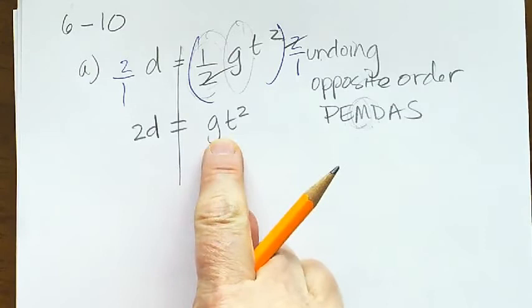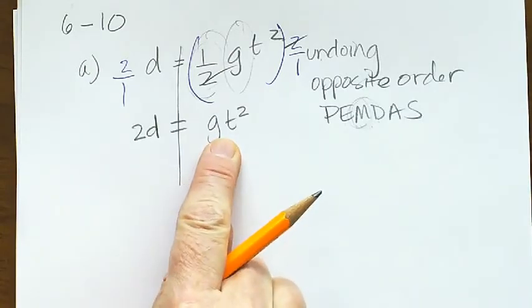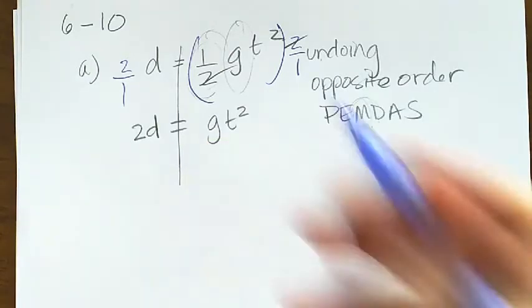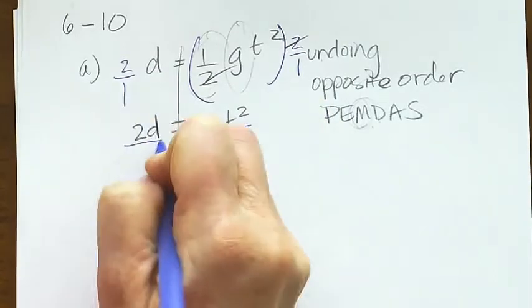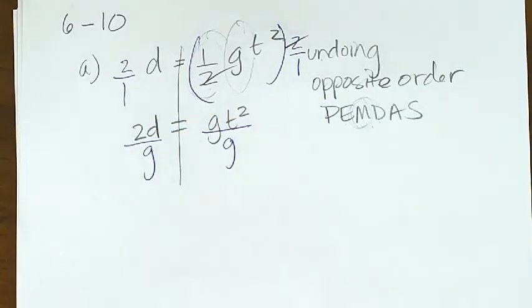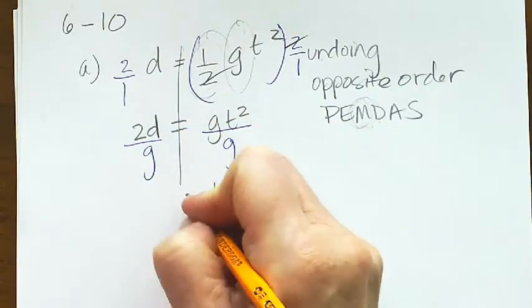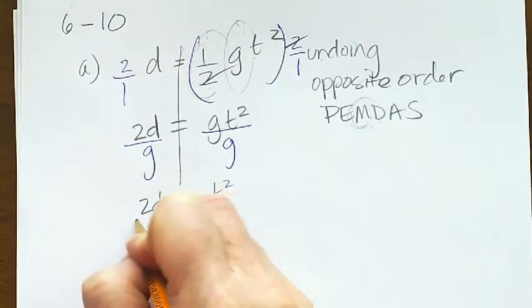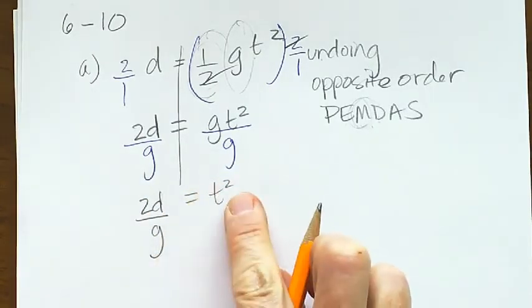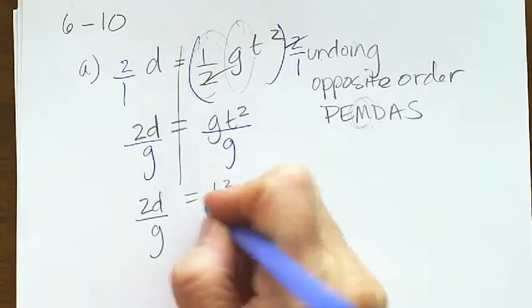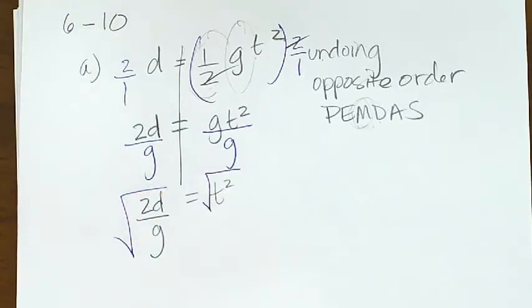Then I'm going to undo this multiplication with g by dividing both sides by g. So that gives me t squared equals 2d over g. And then I'm going to do the opposite of squaring, taking the square root. So t equals the square root of 2d over g.